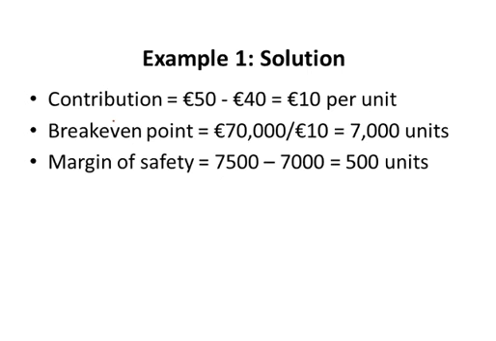So margin of safety is 7,500 minus 7,000, that is 500 units. We are breaking even at 7,000 units of production. We are making neither losses nor profits.